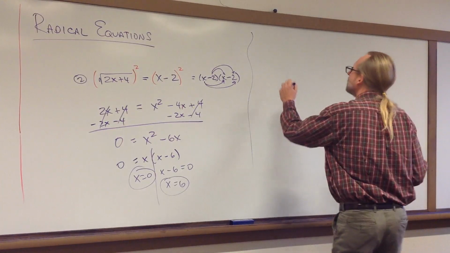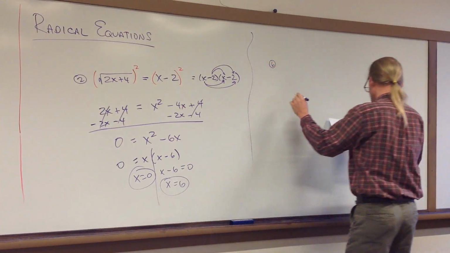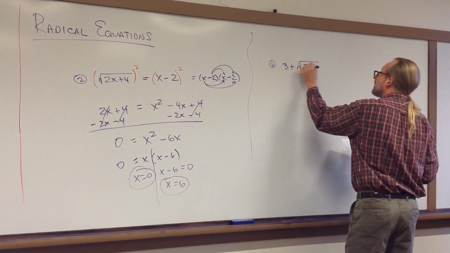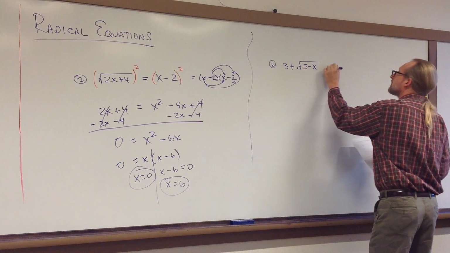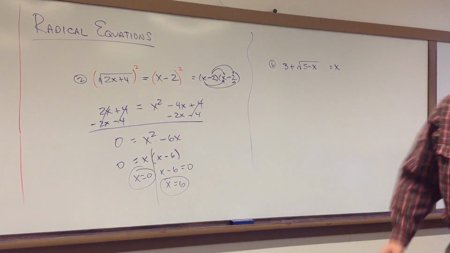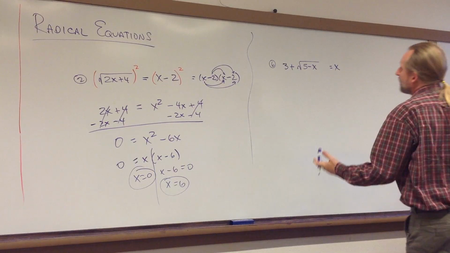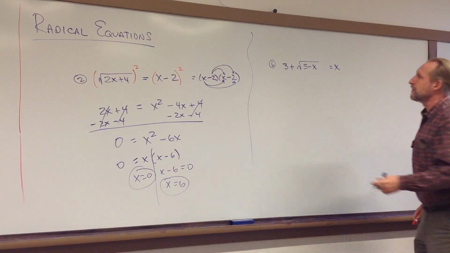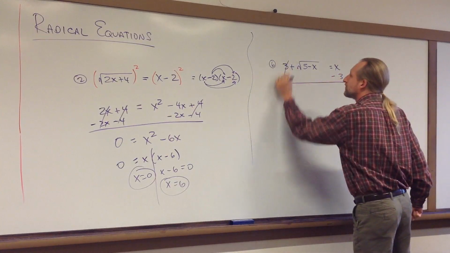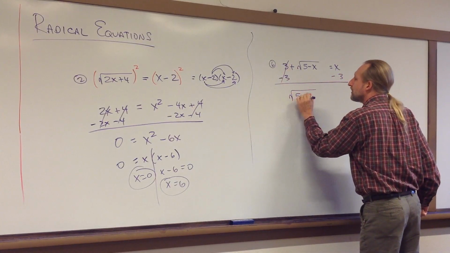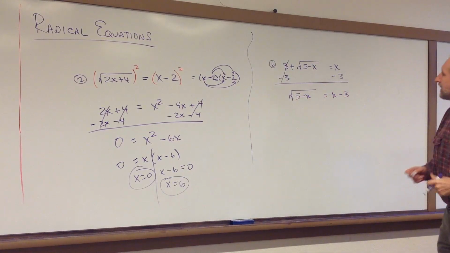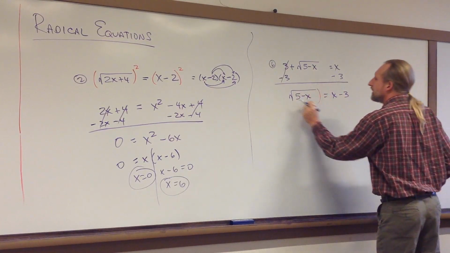Problem 6. We've got 3 plus square root 5 minus x equals x. Okay, so now in this one, the square root's not by itself, so the first thing we want to do is get it by itself. Subtract 3 on both sides, and here we have square root 5 minus x equals x minus 3.